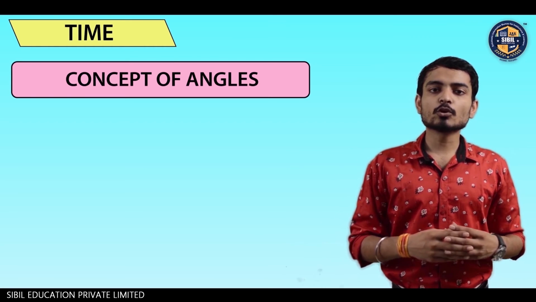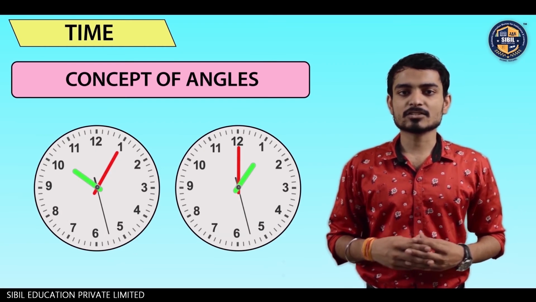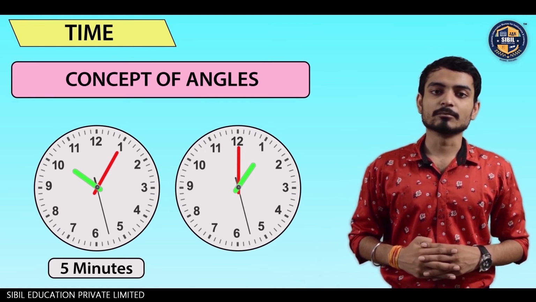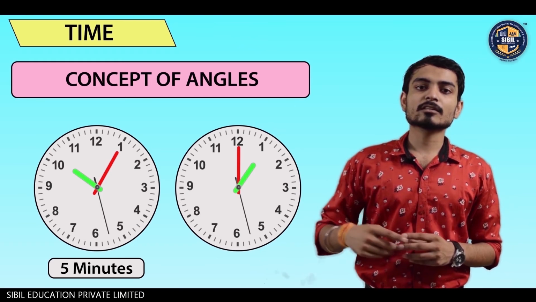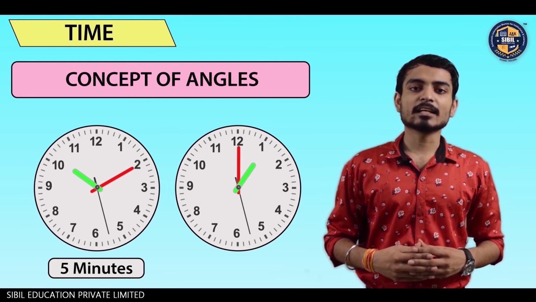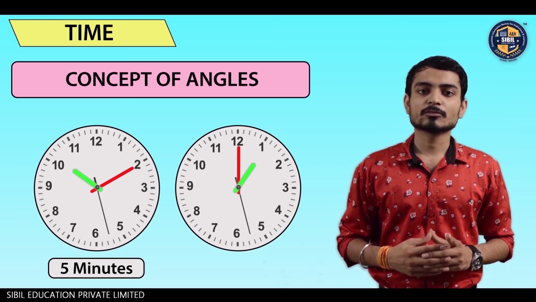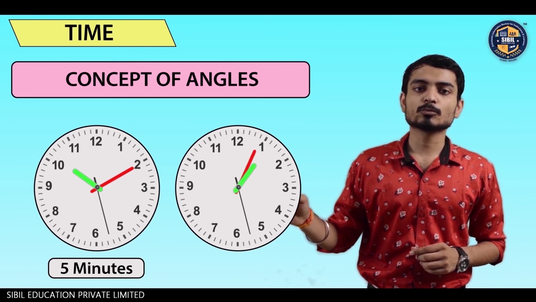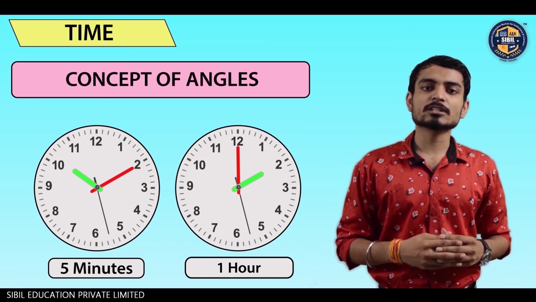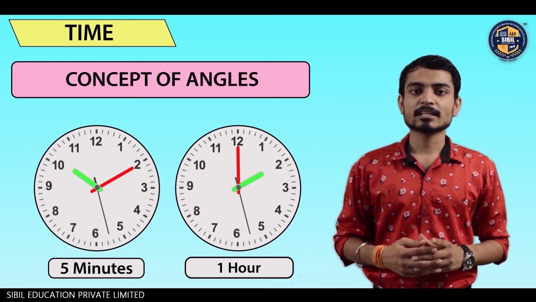Now let's move to the concept of angles. As I told you in the previous lectures, the minute hand takes 5 minutes of time shifting from 1 to 2, and the hour hand takes 1 hour shifting from point 1 to point 2. Now we have to see the concept of angles.